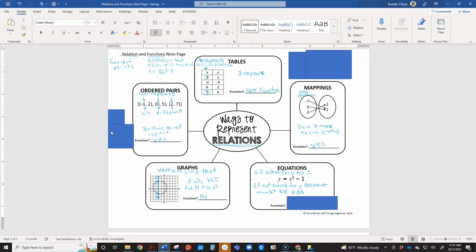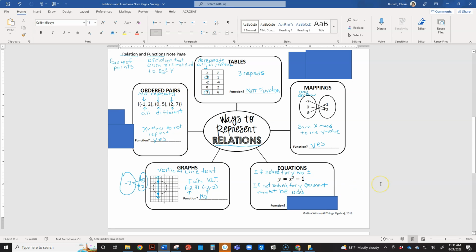Okay, and so we're just demonstrating right here that we've got an x value -2 repeating. This -2 maps to the 3, this -2 maps to the -2. So if we did a mapping, our x values would just be -2, our y values would be 3 and -2, and it would map to both of them. So our x value would have two arrows coming off of it. So it fails the vertical line test.